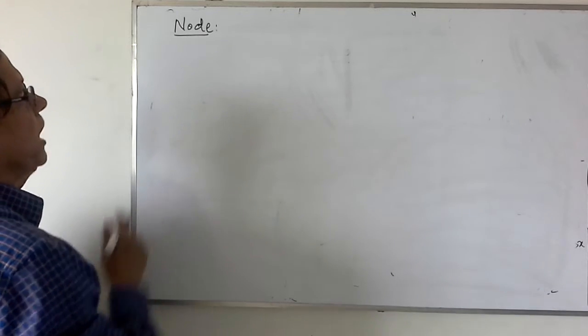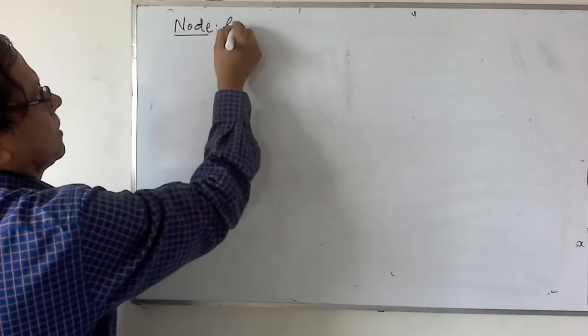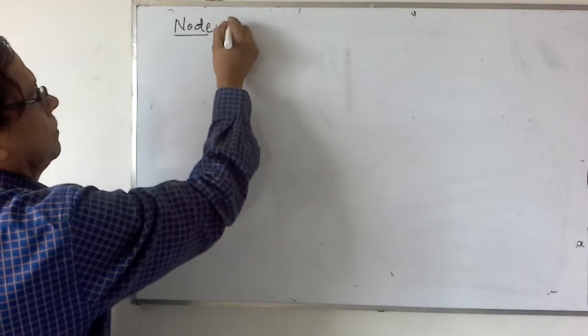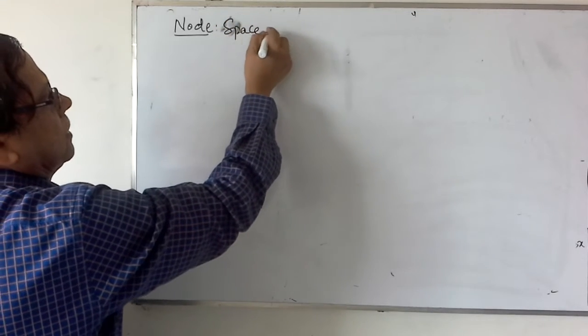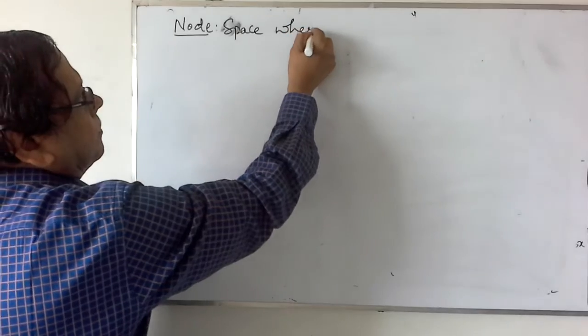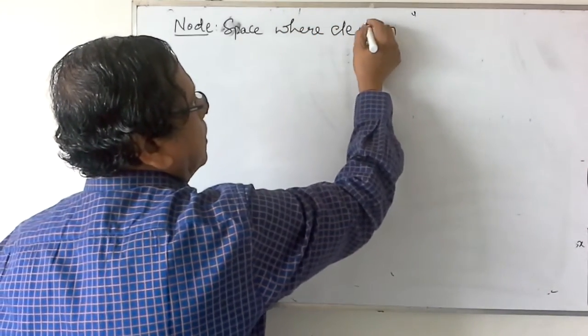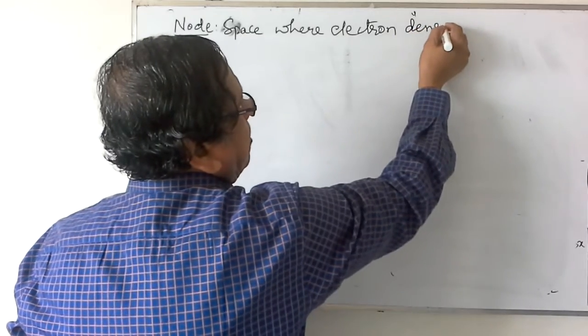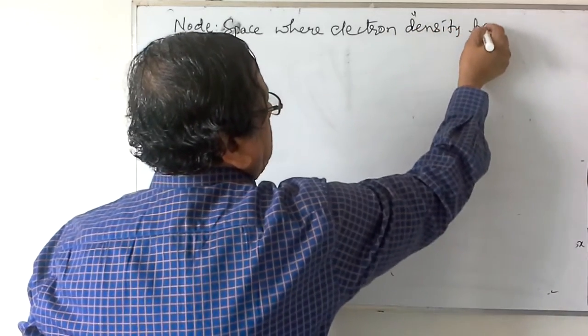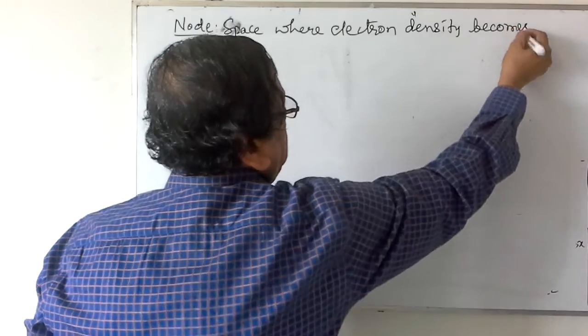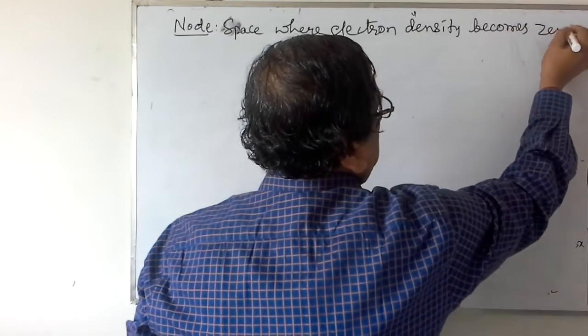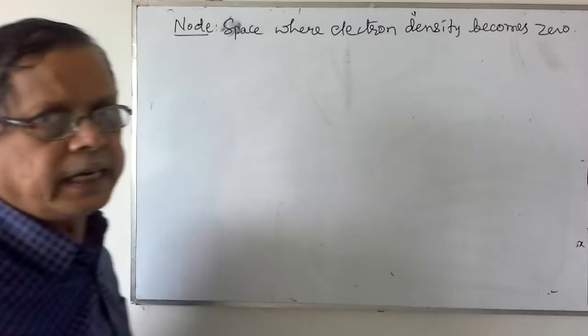So there are two types of nodes. This is the space where electron density becomes 0, or there is no electron density at all.